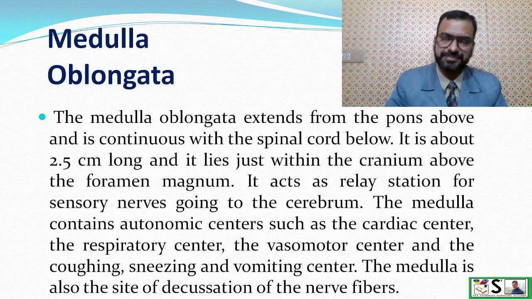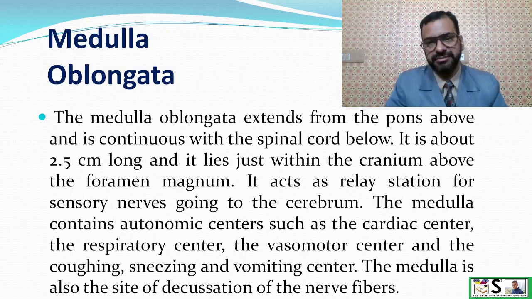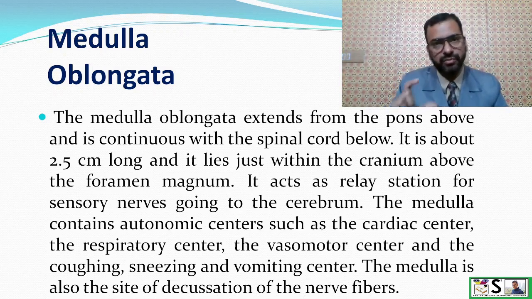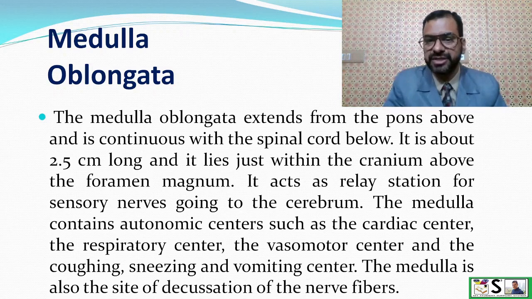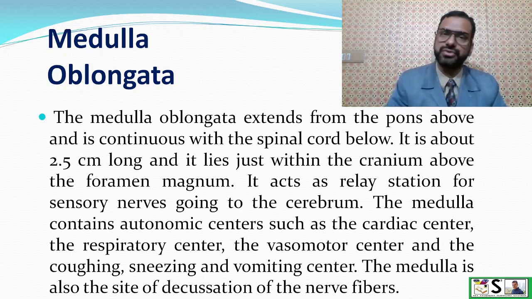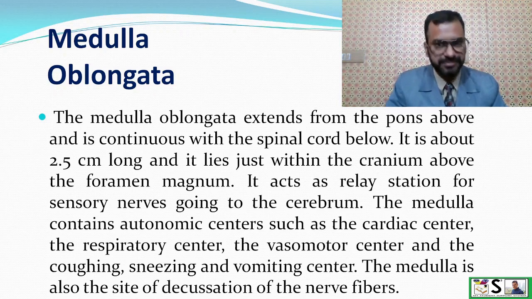Medulla oblongata. The medulla oblongata extends from pons above and continues with the spinal cord below. It is about 2.5 cm long and lies just within the cranium above foramen magnum. It acts as a relay station for sensory nerves going towards the cerebrum.